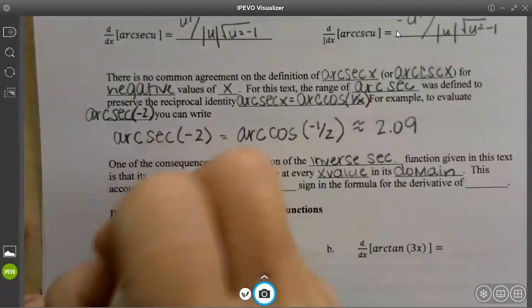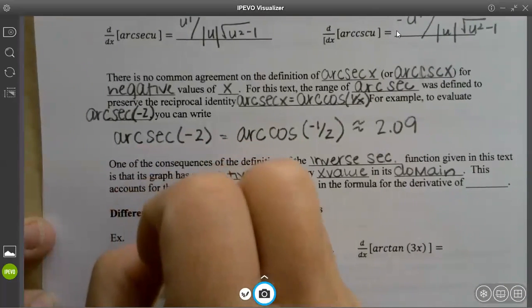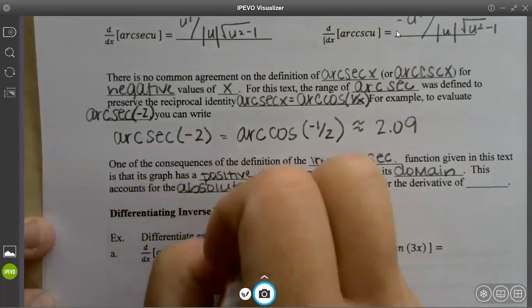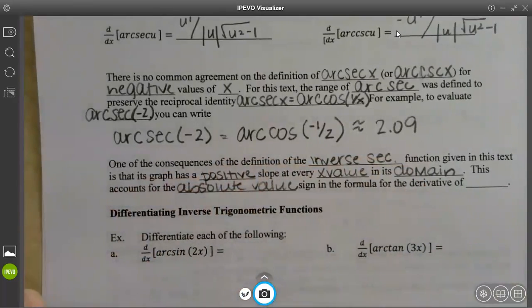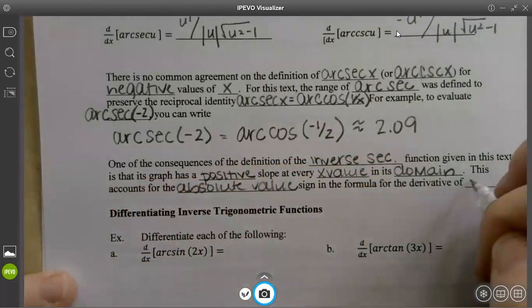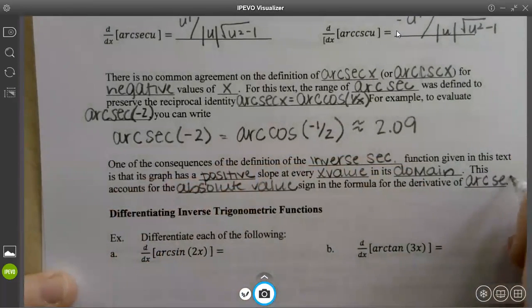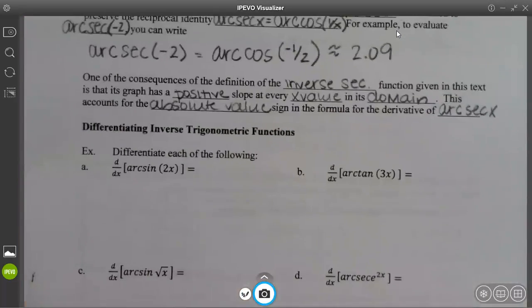This accounts for the absolute value in the formula for the derivative of arc secant x. All right, so again, that part's just explaining why those two have the absolute value and they don't have just a regular u down there. So again, arc cosecant and arc secant are the weird ones, but the rest of them are just normal.